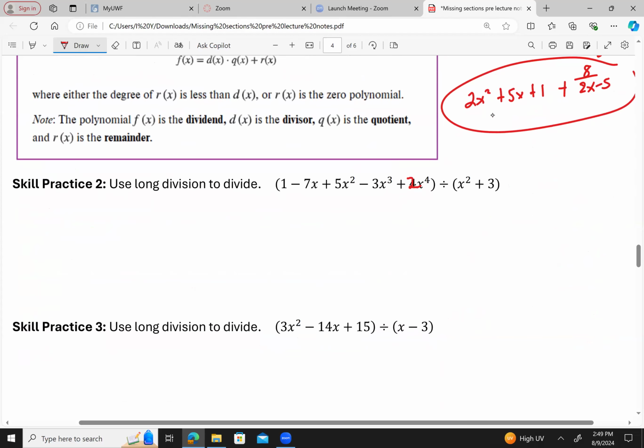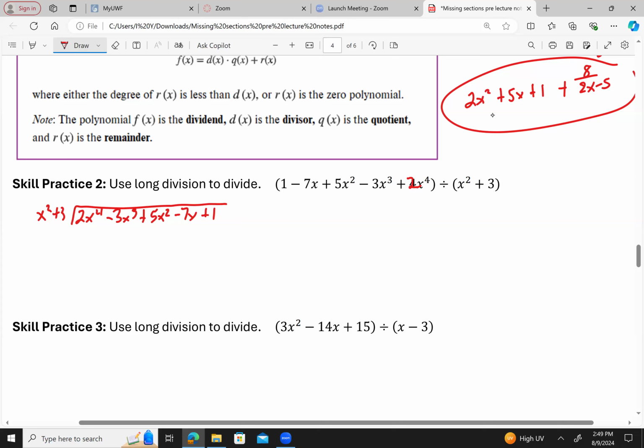Okay, on this next one, there was a typo. This should be 2x to the fourth, not 4x to the fourth. Same principle again. We have x squared plus 3 going into, in this case, every degree from 4 down. So I have 2x to the fourth minus 3x to the third plus 5x squared minus 7x plus 1.